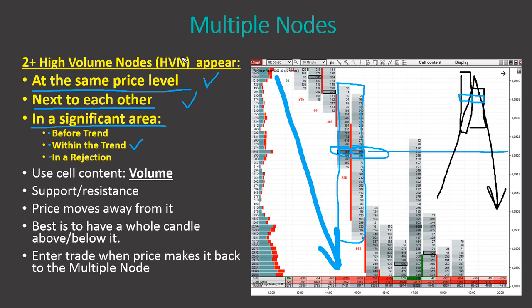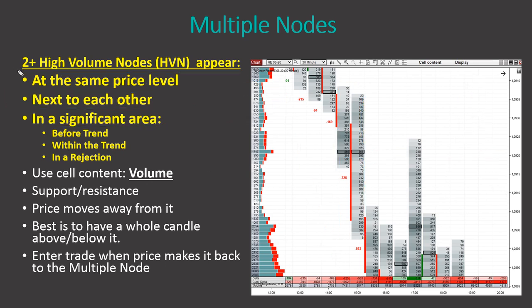All right, so that's the significant area. You need to see the double node in such an area. If you don't see that in a significant area, then I don't consider it a valid trading setup. All right, so those 3 conditions all need to apply at the same time. This is important. And you need to see 2 or more next to each other.